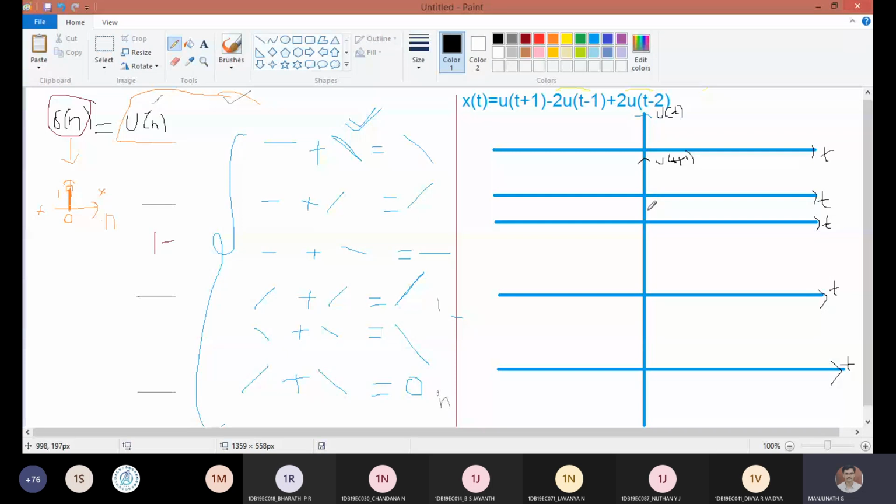And next is 2 times u of t minus 2. First you plot u of t minus 2, then for that amplitude you should multiply by 2. So we'll get one new signal, 2 times u of t minus 2. The last thing you have to get is x of t, the addition of all. x of t. Okay.